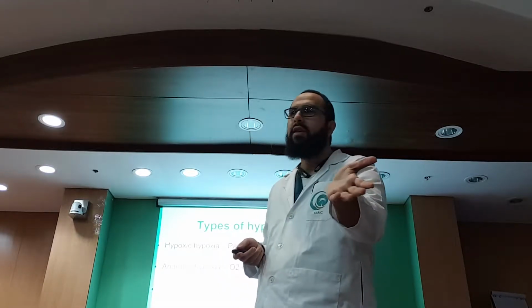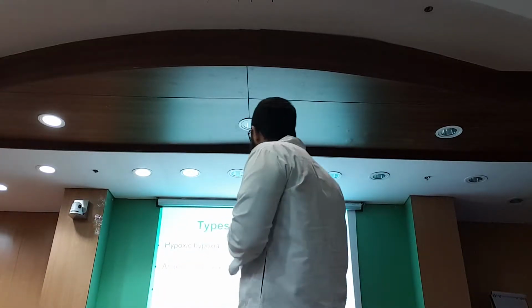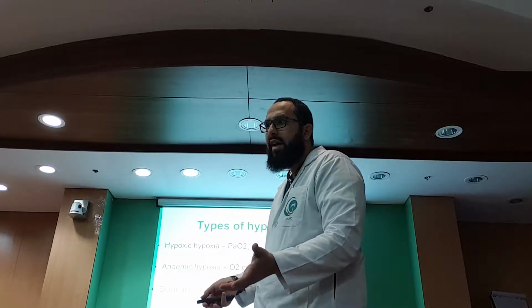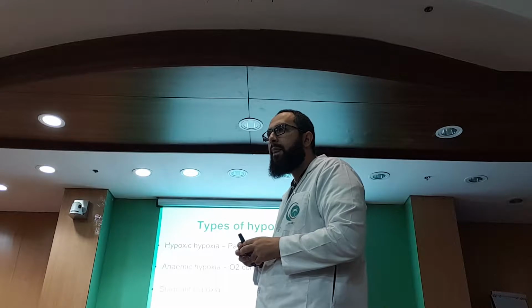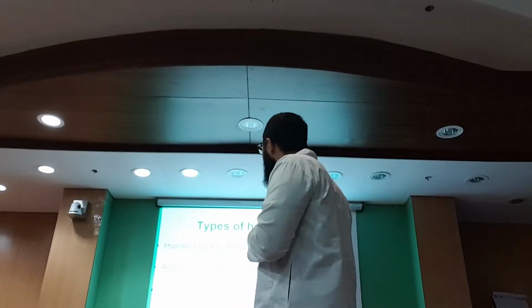Give him oxygen. He just needs oxygen. Like if you have anemia, you are giving him enough oxygen, but saturation is low, or like he has hypoxia. So how to treat? Yeah, give him blood, give him hemoglobin.